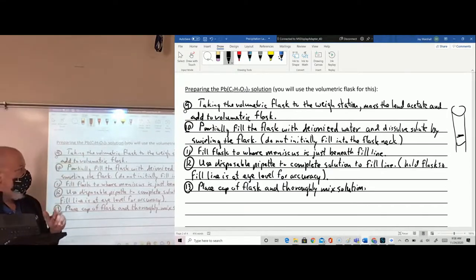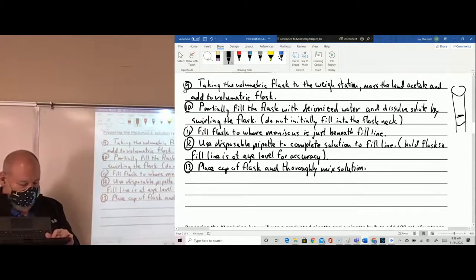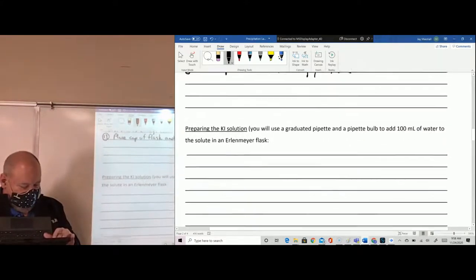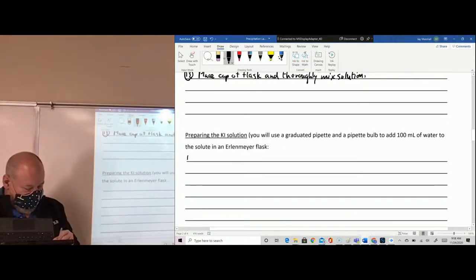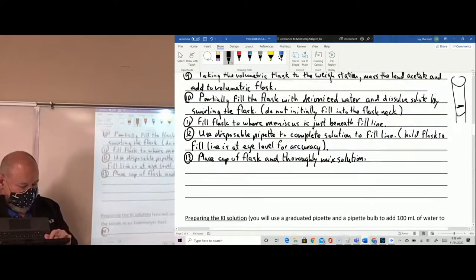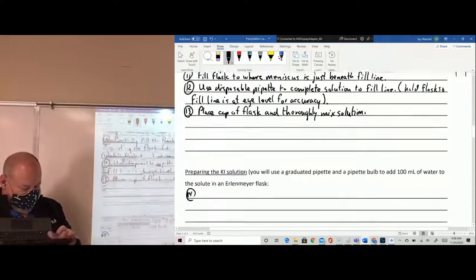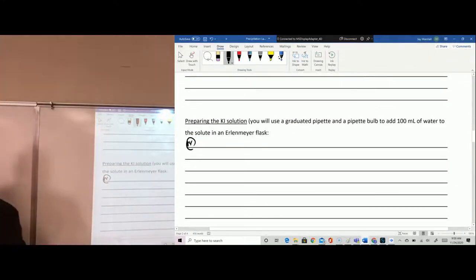Taking the Erlenmeyer flask to the weigh station, mass the potassium iodide, and add to the Erlenmeyer flask. Is what I would do. So, are there objections to that?